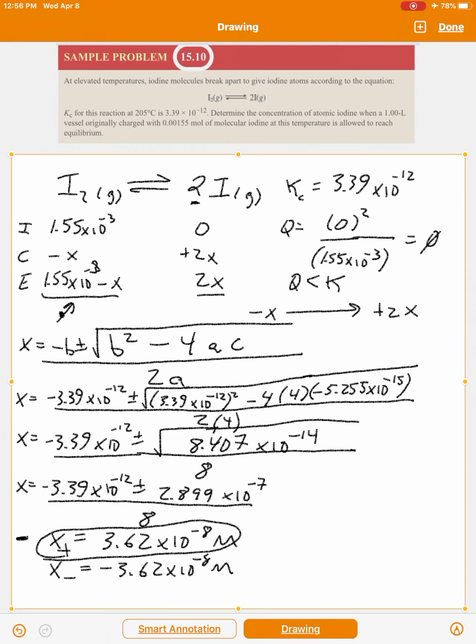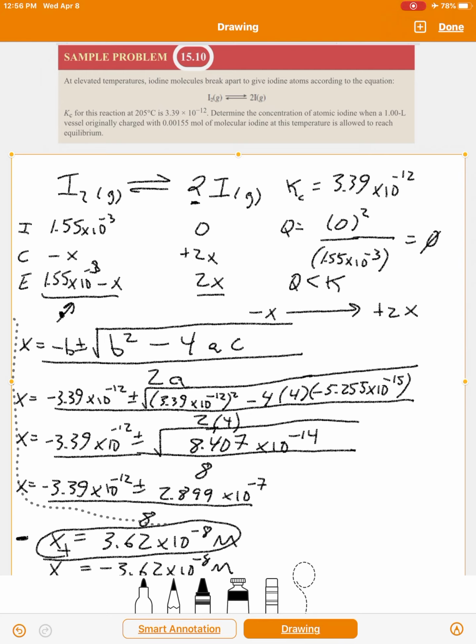Okay. So again, let's make some room over here, and we're just going to use the positive root.